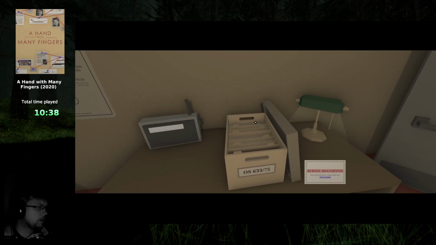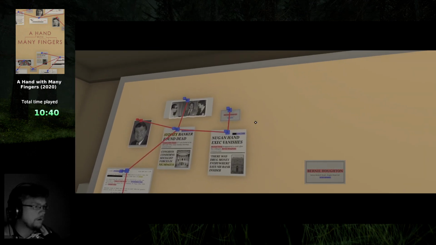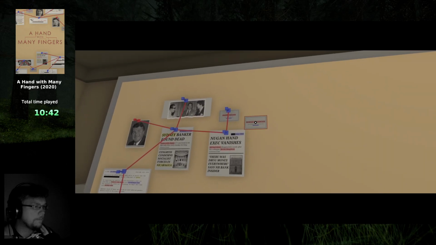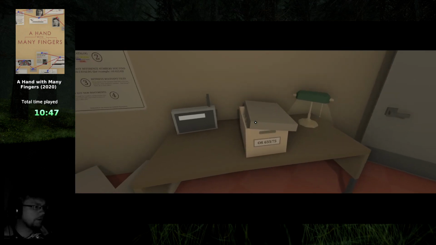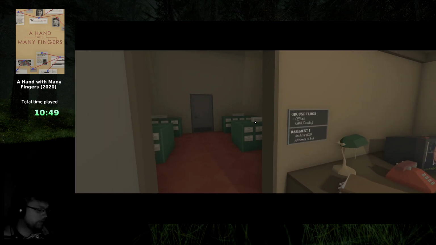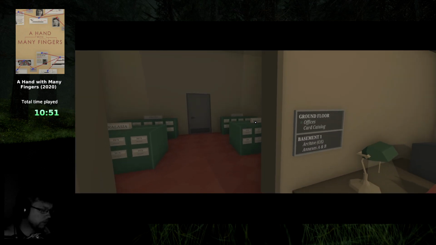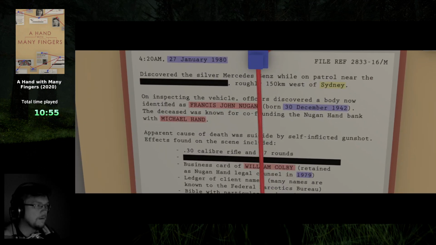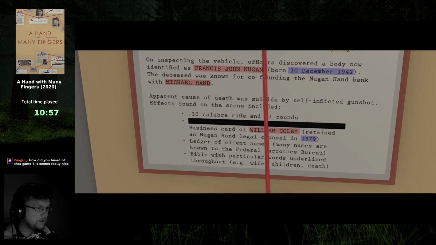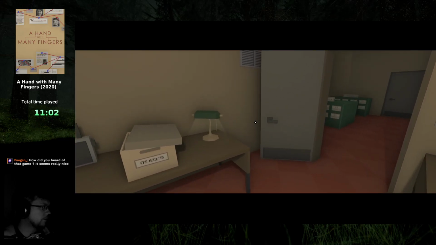What else do we have? Ethan's card. We'll find out who those are later. Right now we're looking into Colby? William Colby, whose business card was in the vehicle where the murder happened.